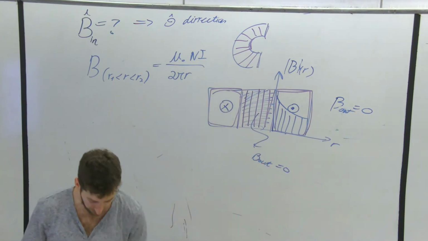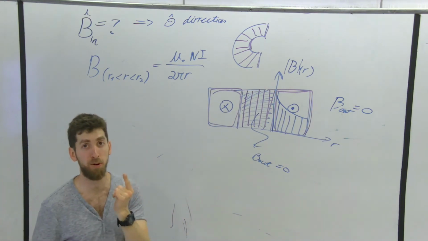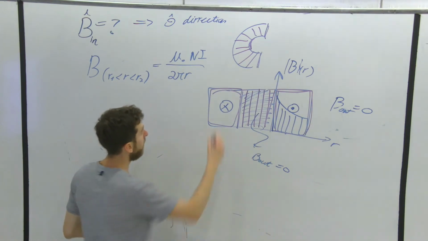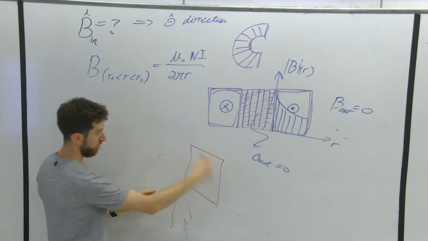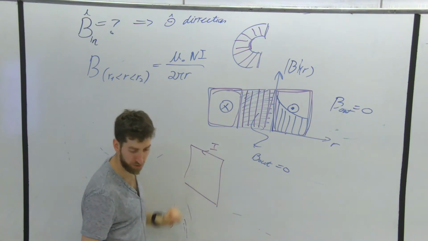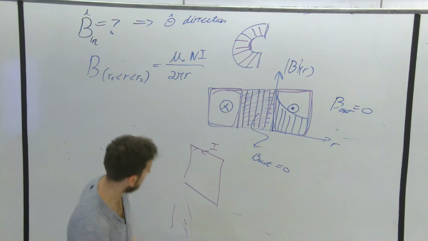So let's go to the next question, which is, what is the flux? Remember, magnetic flux from only one coil. Here it is. I have one loop, only one loop of I. So what is the magnetic flux over here?